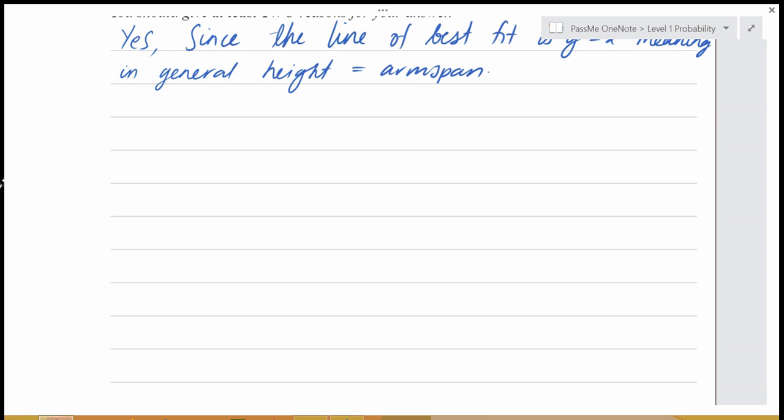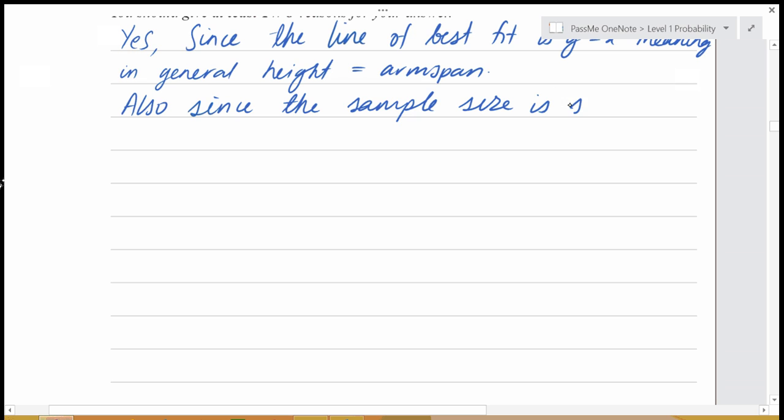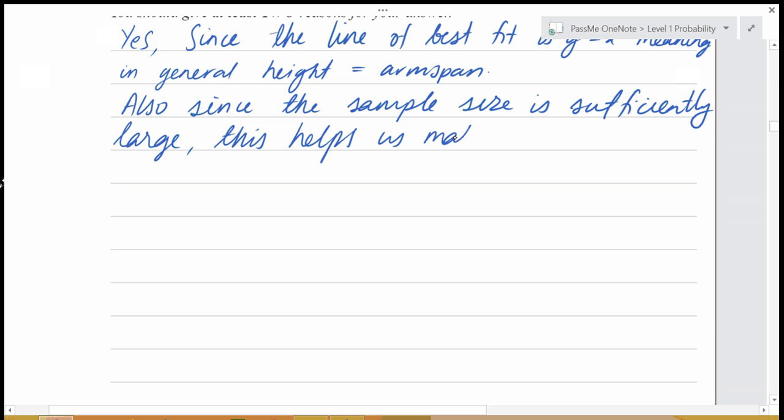It's more than 30, so we'll say also since the sample size is sufficiently large, this helps us make this inference, I guess.